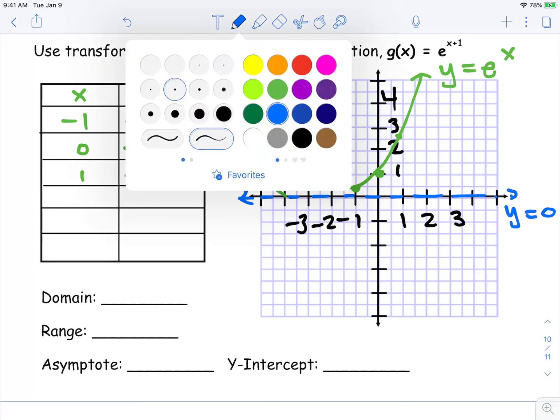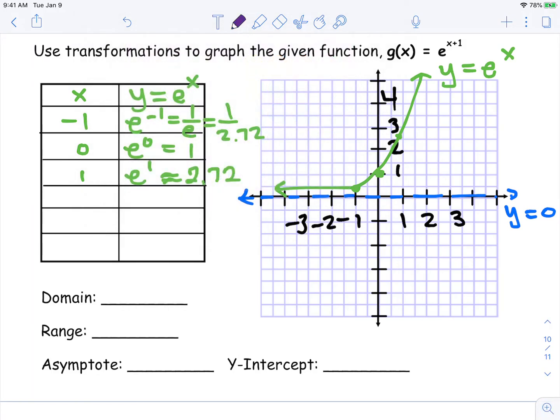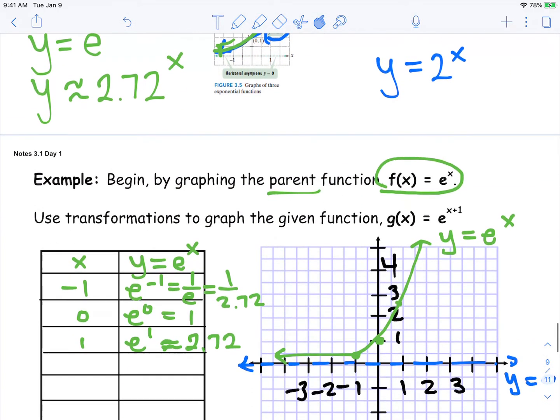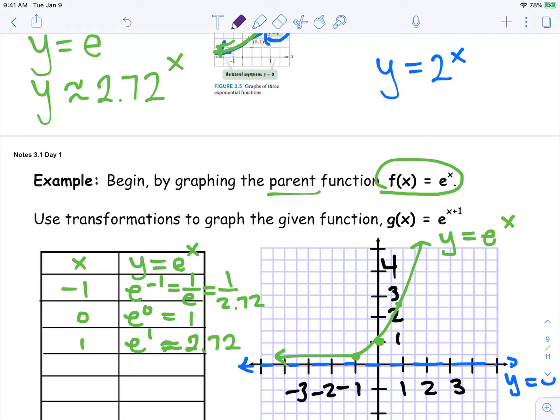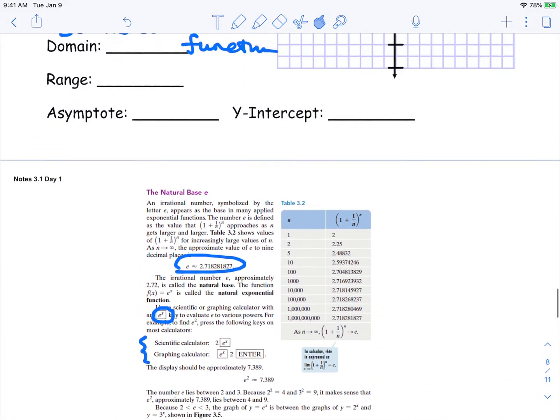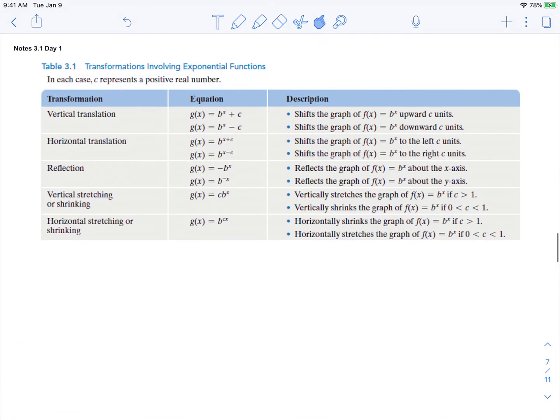All right, now we're going to go ahead and do the child. So we have to figure out what is happening when you do a +1 up in the power. So we're going to go up in our notes. +1 in our power. What happens to our graph?